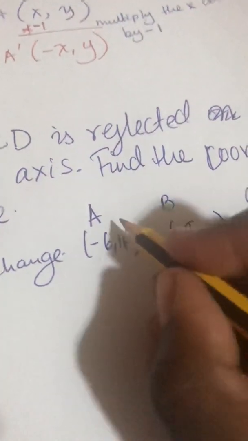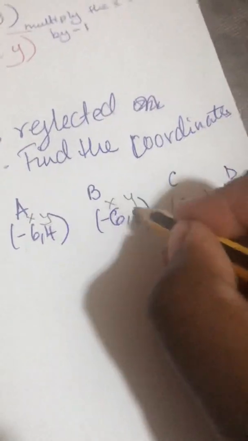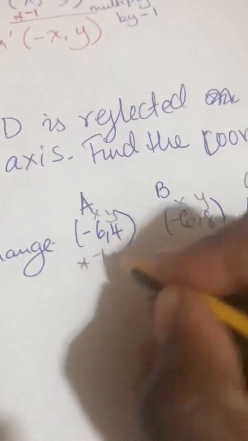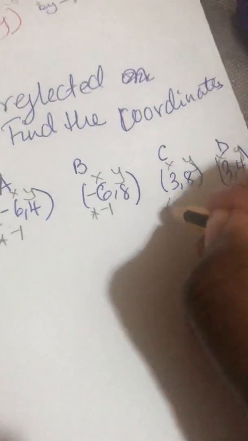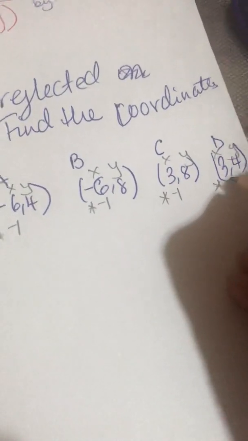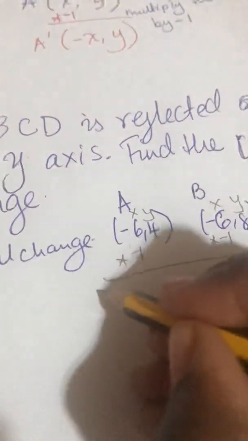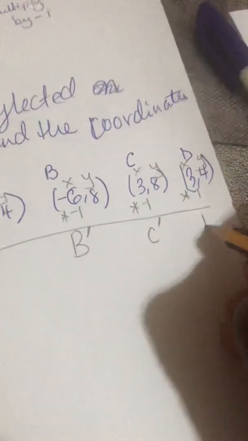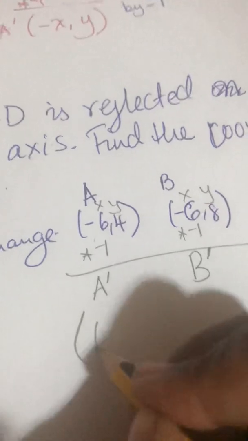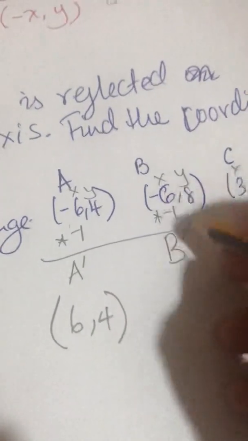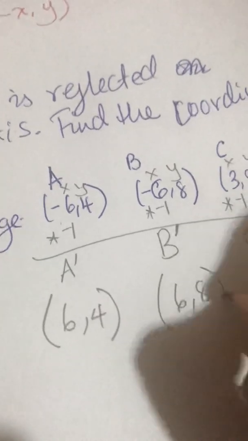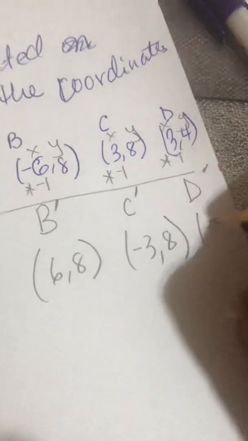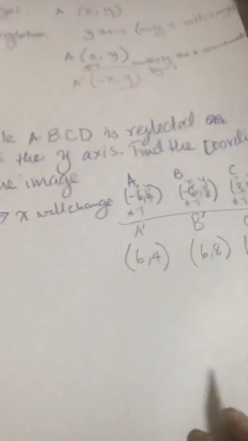I will multiply X. This is X, this is Y, X, Y, X, Y, X, Y. Multiply X with -1 each time. A prime, B prime, C prime, D prime: 6, 4; 6, 8; -3, 8; -3, 4. That's what you do.